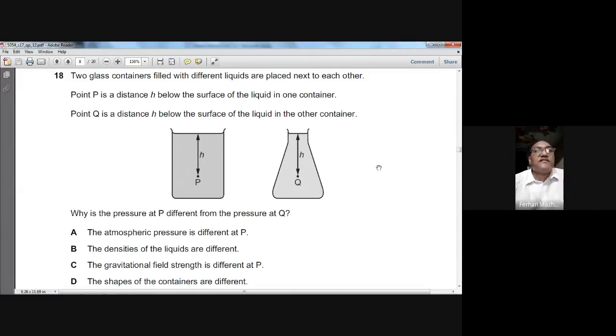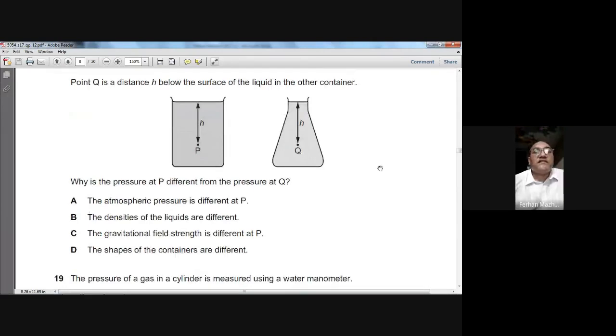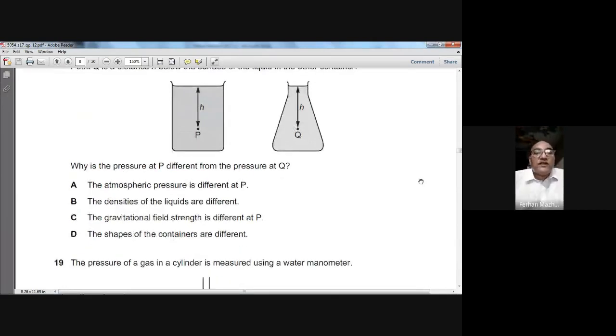Why is the pressure at P different from the pressure at Q? The pressure of a liquid is equal to rho g h: density multiplied by g multiplied by the depth of the liquid above that point. The depth was the same in both cases, and the value of g is the same.